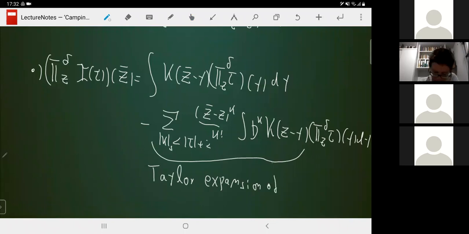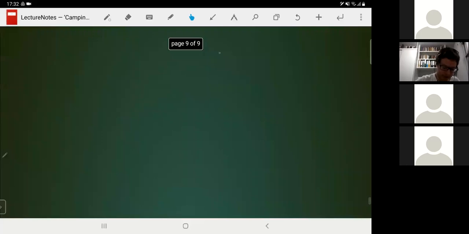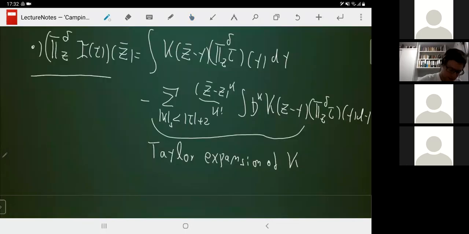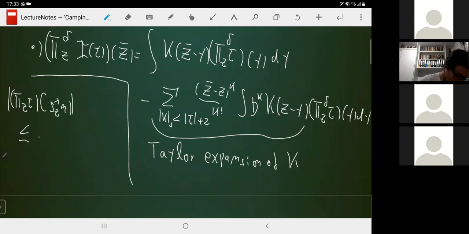Can you explain again why this is necessary? Yes. In the definition of a model, you have a condition of this form: pi z tau, s z lambda eta is less or equal to lambda to the alpha if tau is of order alpha. If alpha is not positive, what happens? This will go to 0 as lambda goes to 0.